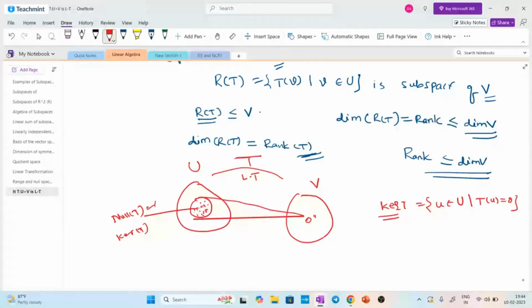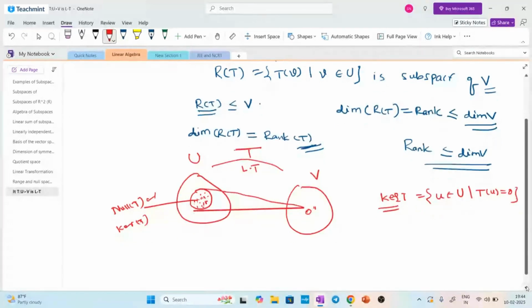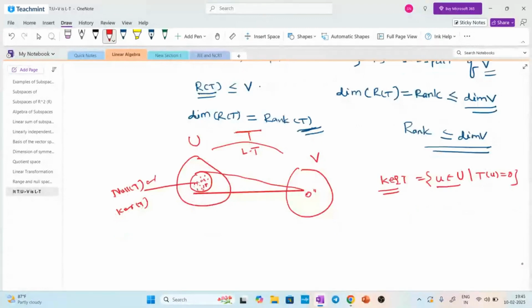And moreover, each u belongs to the domain. Therefore, this kernel of T is a subspace of the vector space U. Remember, the kernel is always a subspace of the domain vector space.